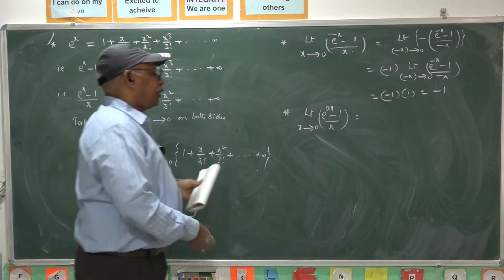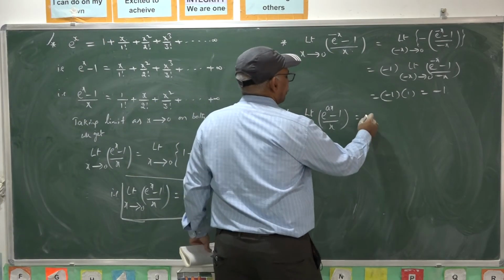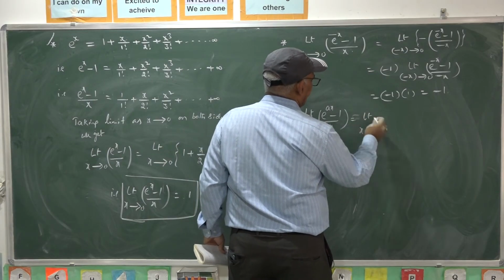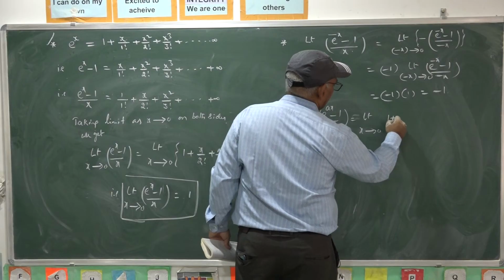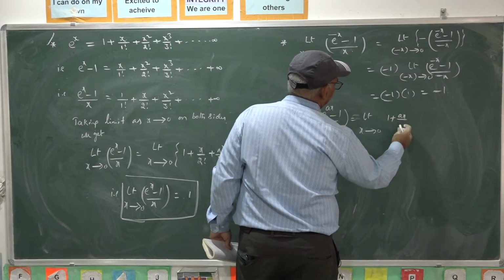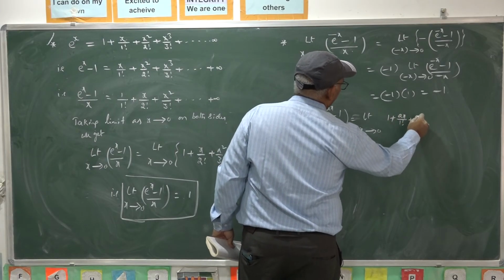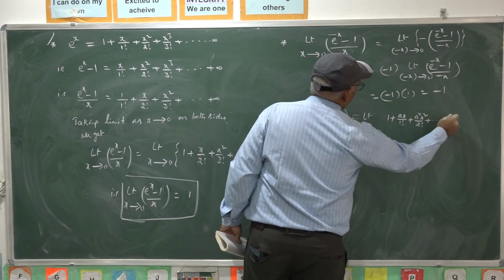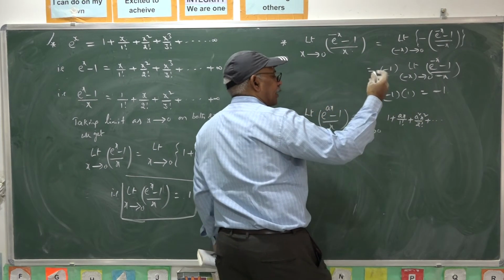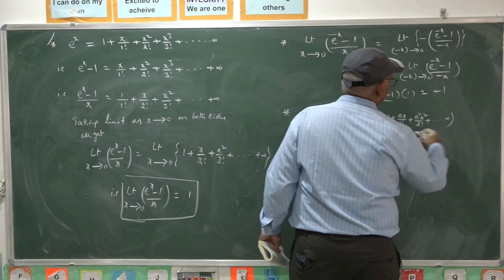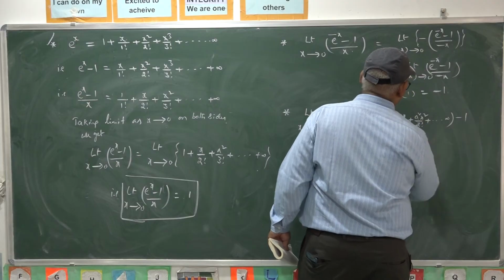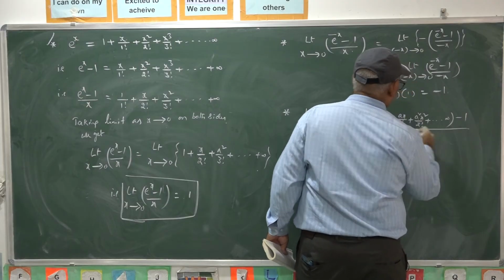I will take the expansion here itself. E power ax is 1 plus ax by 1 factorial, plus a square x square by 2 factorial, similarly a cube x cube by 3 factorial, up to infinity. This is the expansion of e power ax in (e power ax minus 1) by x.